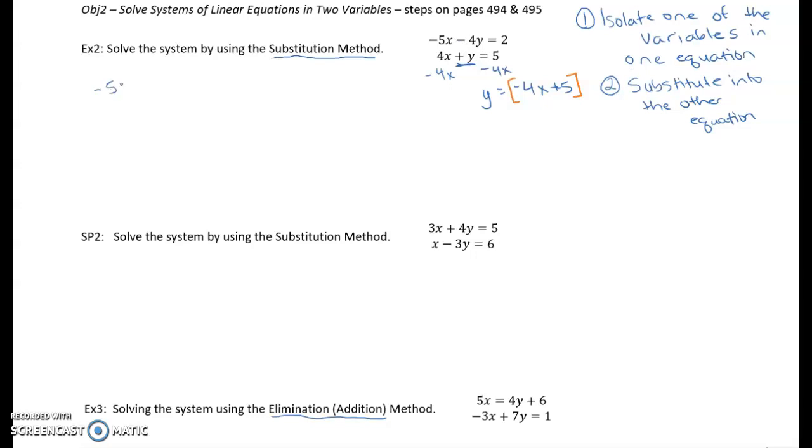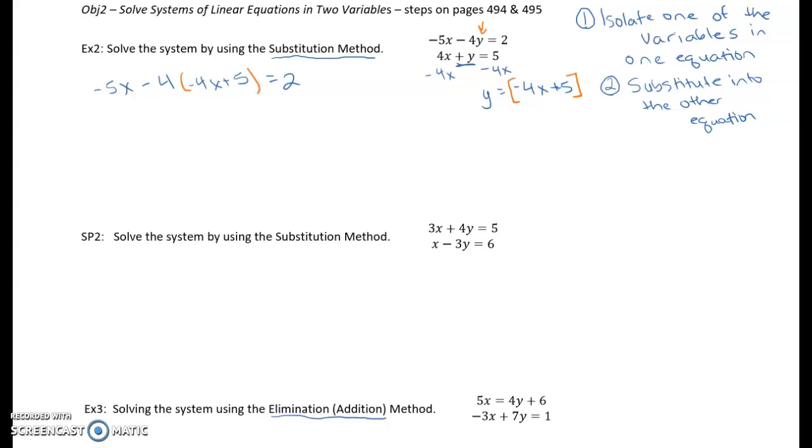So we're going to have -5x minus 4, and then instead of y, which you see here, I'm going to take that y out, and I'm going to replace it with what I solved, -4x plus 5. And then it still equals 2. So again, I'm going to replace this y with what it's equivalent to. And that way the whole equation is all in terms of x.